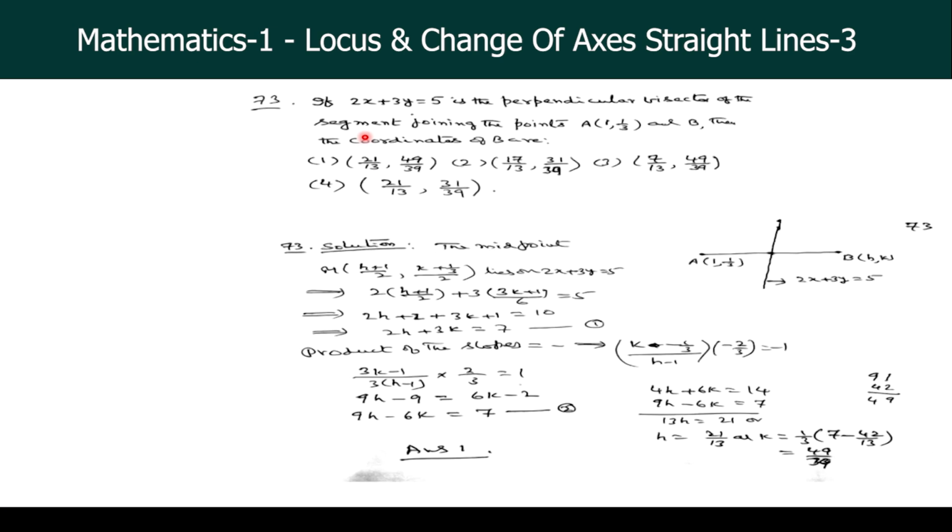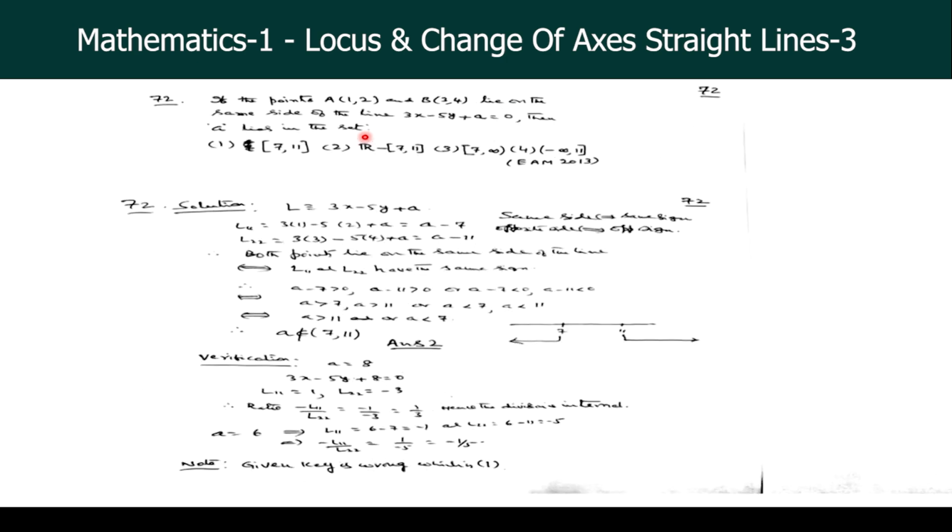If you want, you can verify by taking A equal to 8, because as per their answer, A lies between 7 and 11, so 8 lies between 7 and 11. If you take A equal to 8, then you will get a positive ratio.